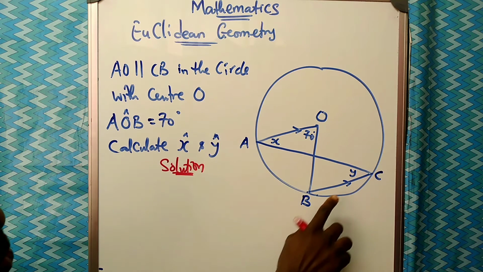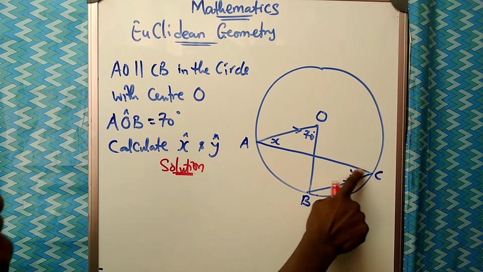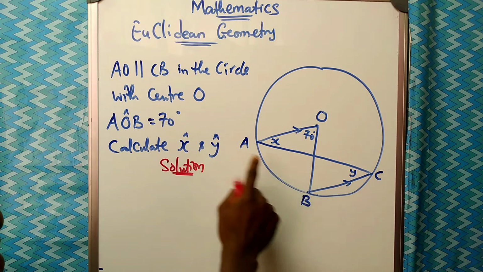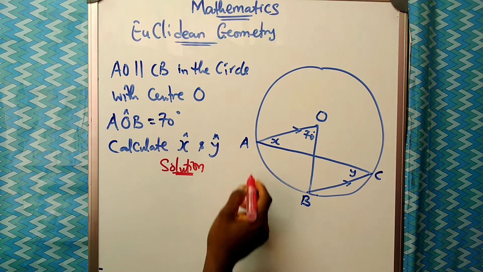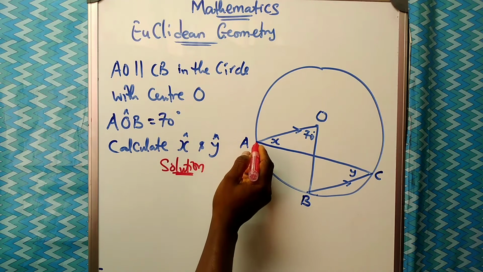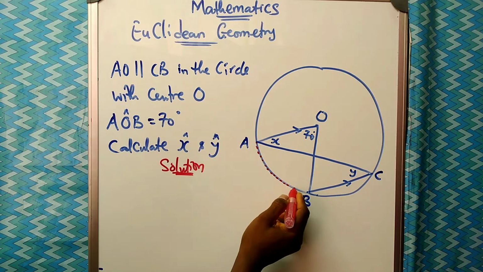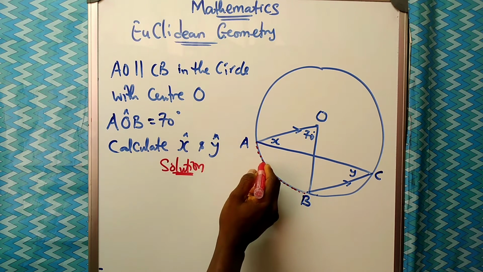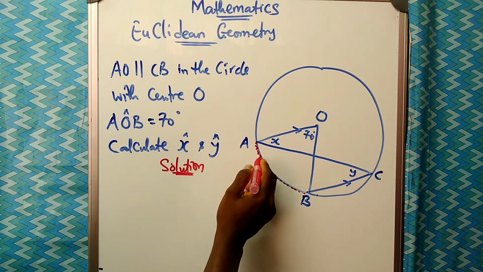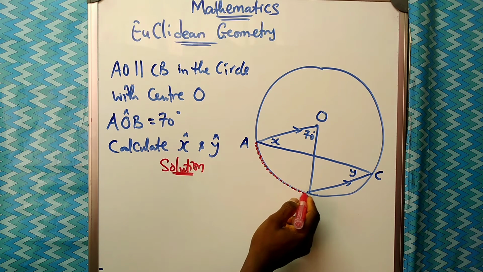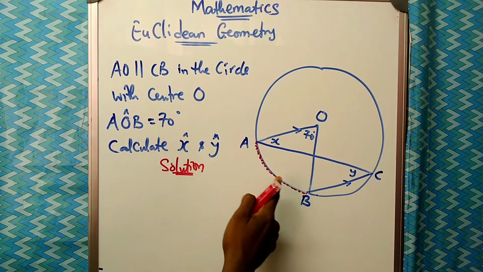Let's look at angle y. Angle ACB is subtended by the same arc as angle AOB. The dotted line shows the arc of the circle, so it is subtended by the same arc.